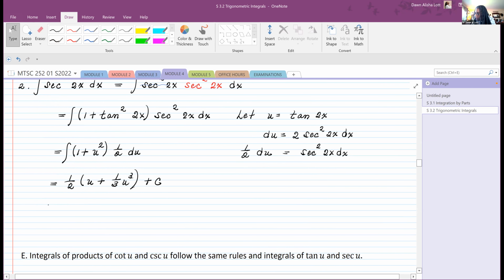So now the integral of the secant to the 4th of 2x dx is 1/2 times the tangent of 2x plus 1/3 the tangent cubed of 2x plus a constant.